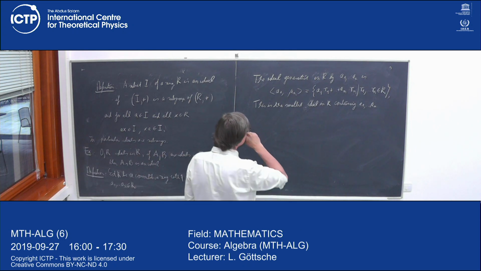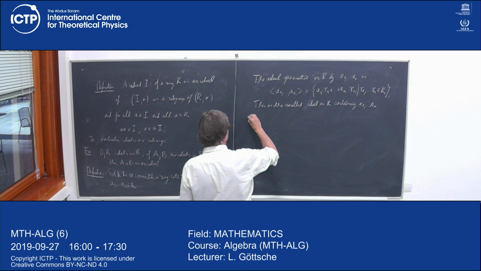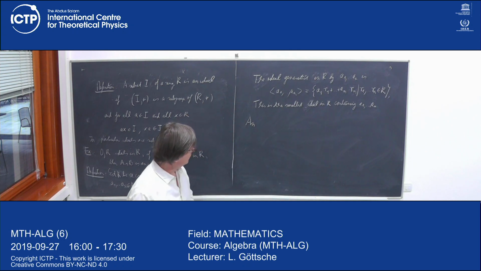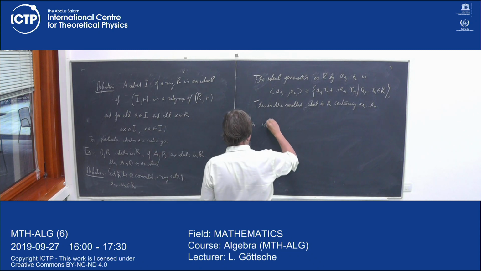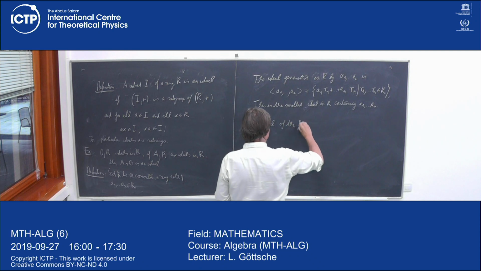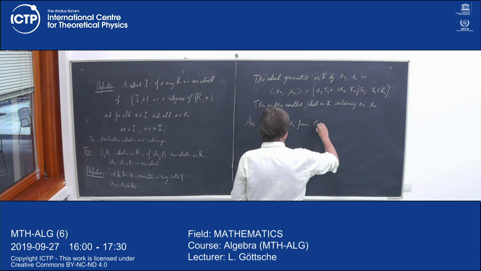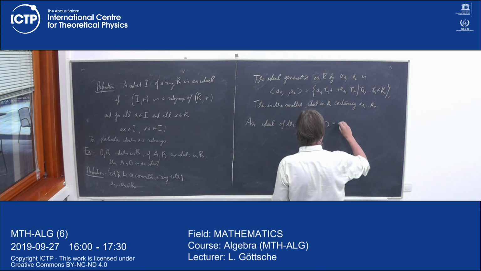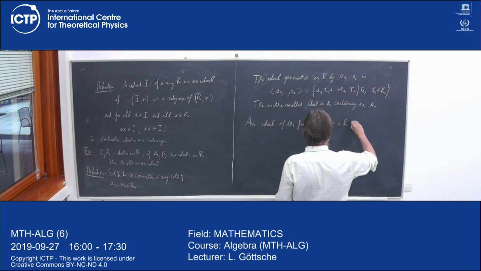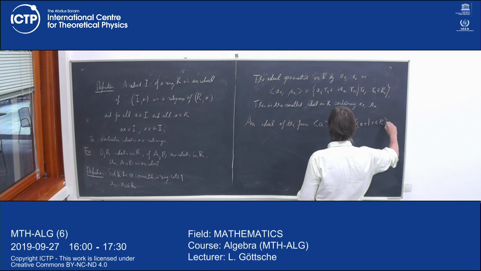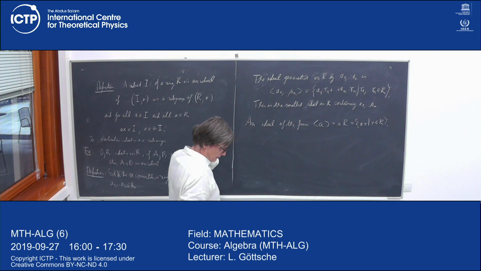So in particular, if we have an ideal which is generated by a single element, just A, which is after all just A times R, it is called the principal ideal.